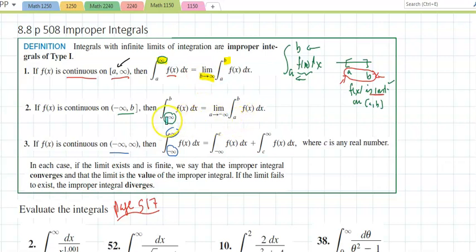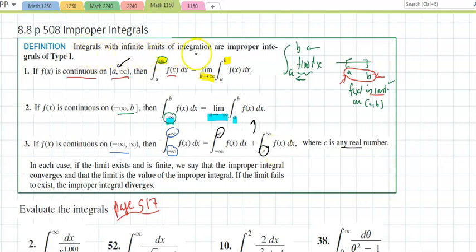Here you would take negative infinity out, put an a instead, and take the limit as a approaches negative infinity. And here, if you have positive to negative infinity, you break it up where c is any real number, and then you follow steps 1 and 2 for each of those. If one of those integrals diverges, you're done. And how would an integral diverge? Well, let's see how that works.